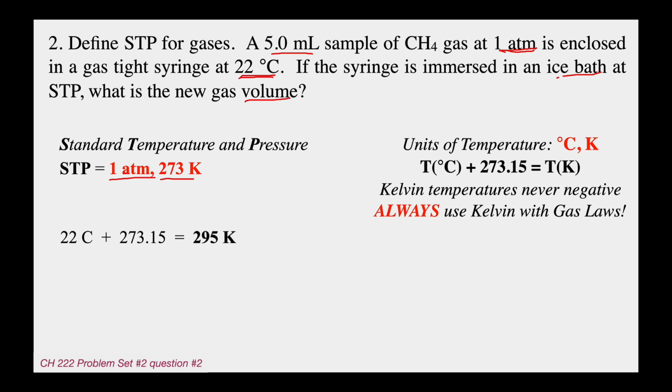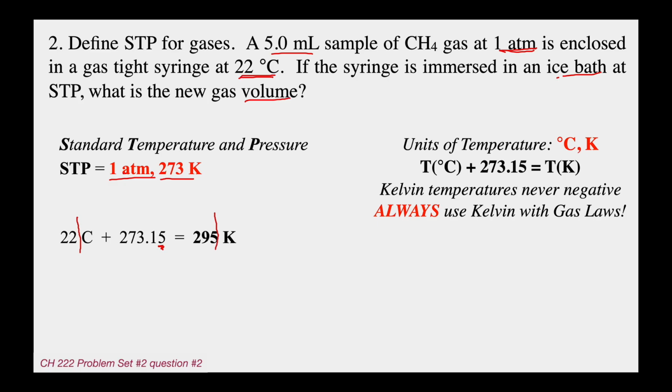So in this problem, 22 Celsius plus 273.15 equals 295 Kelvin. This is another sig fig thing. The 22 stops at the 1 spot, so 273.15 stops at the 100th spot. So our final answer here must stop at the 1 spot.